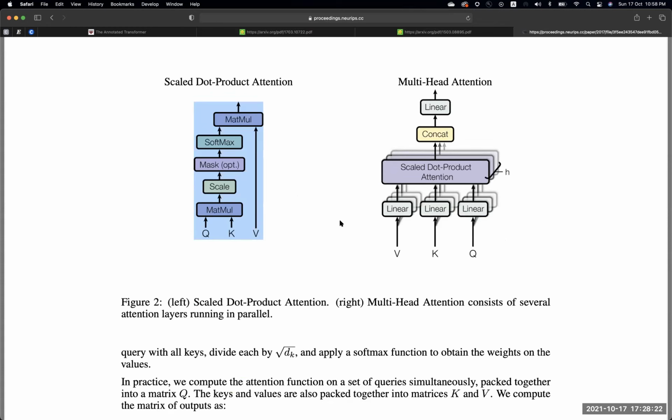Essentially attention takes the input, the main positional character, as a query, and considers all other characters or words in the sequence as the keys.